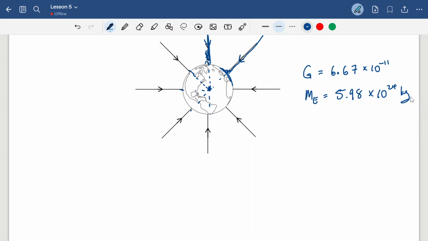Think of that versus the mass of the Moon, which is around 7.2 times 10 to the power of 22 kg. You can see all these masses are way larger than the mass of a human.